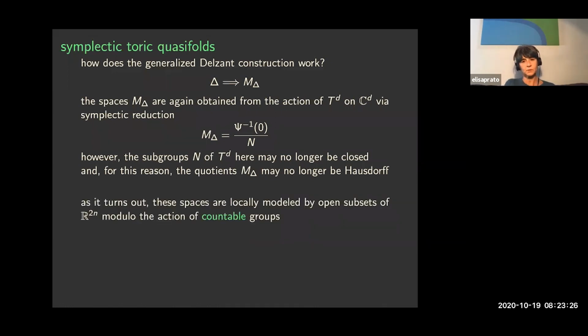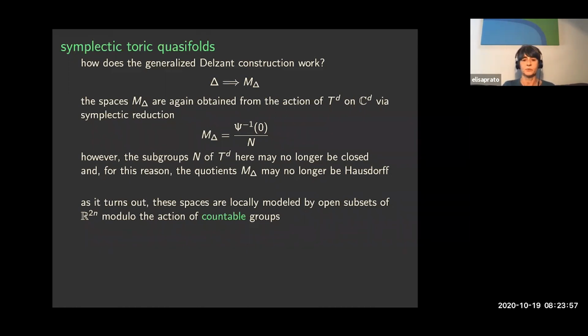However, what I also noticed is that even if they were kind of wild in this sense, they still retained some of the features of the orbifolds and of the manifolds. They have these charts, this atlas where the charts are formed by open subsets of R^2n, modulo the action of countable groups.